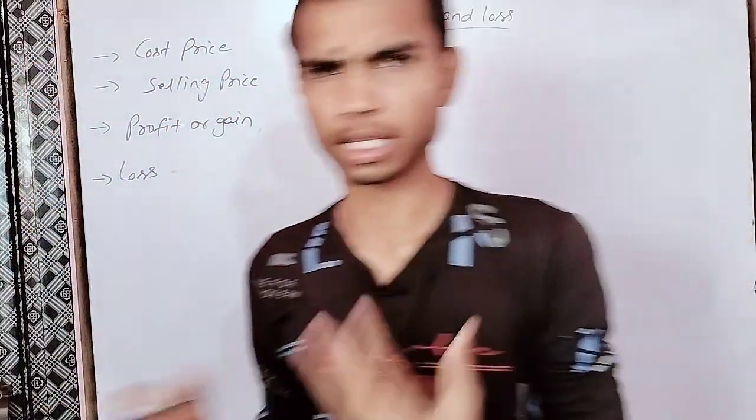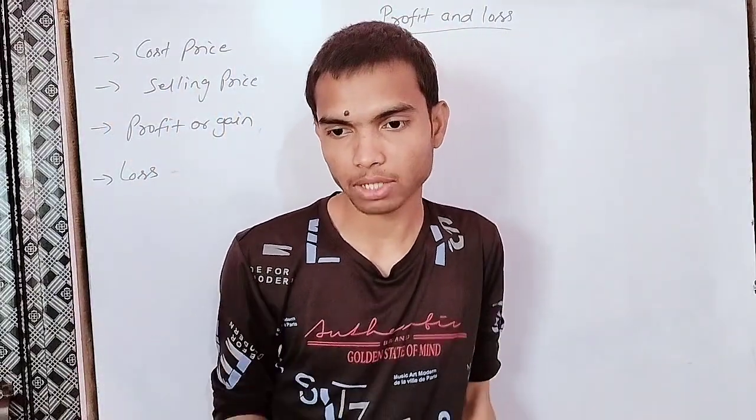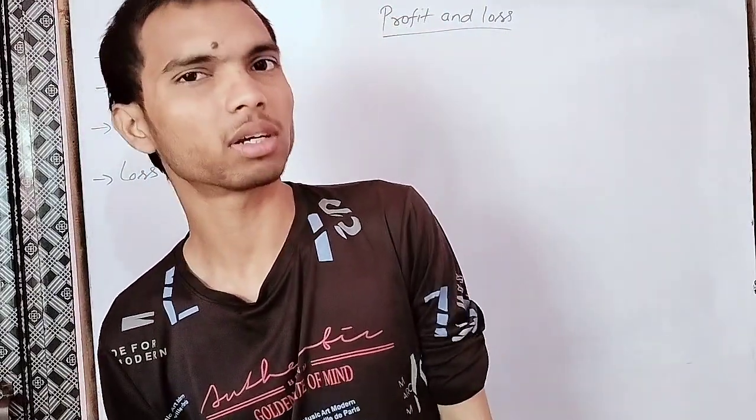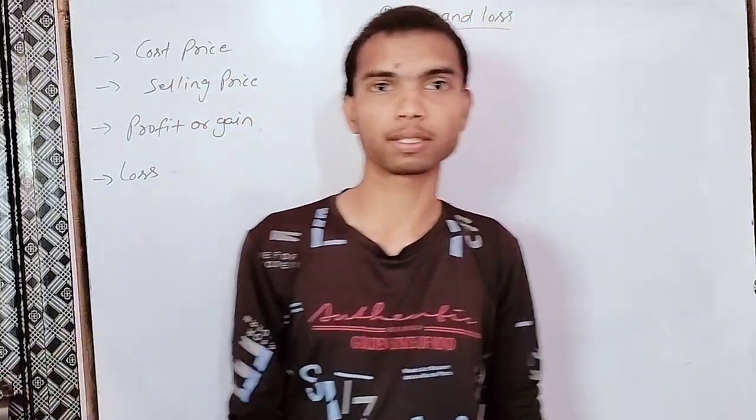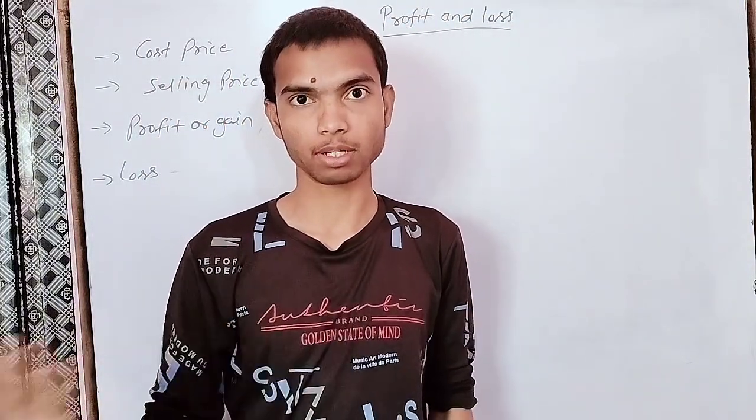Cost price. That is the price of something. What is the price of something? It is the cost price. We are going to purchase something, and the shopkeeper will give it to us at some amount.